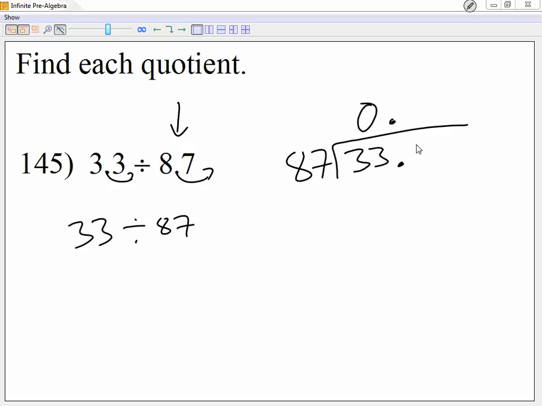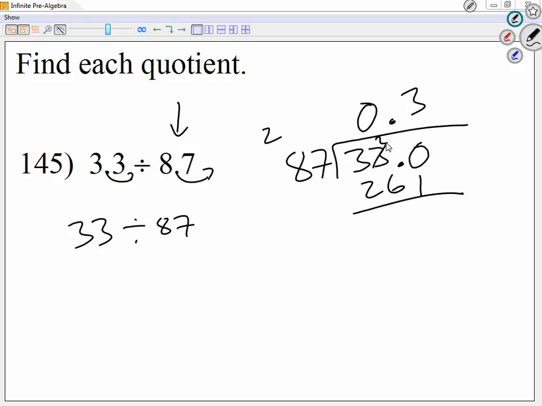Now to continue, let me add a 0 here. 87 into 330. I'm going to try 3 times. 3 times 7 is 21. Carry a 2. 3 times 8 is 24, plus 2 is 26. When I subtract this, I get a 6.